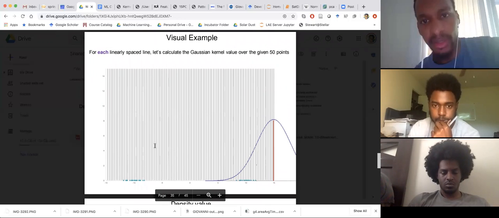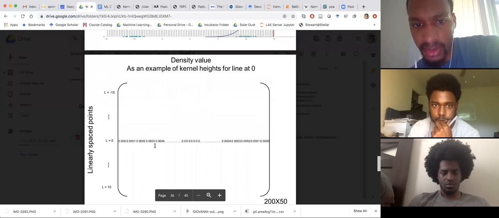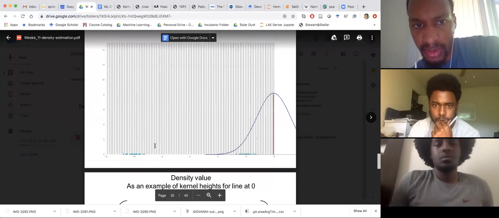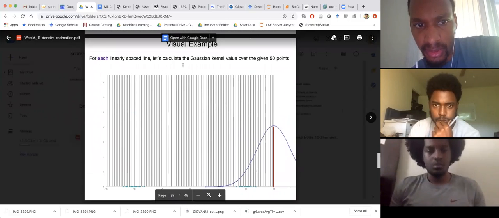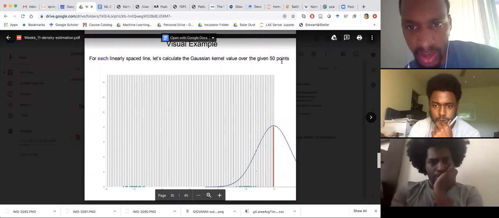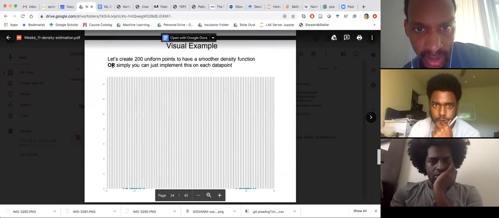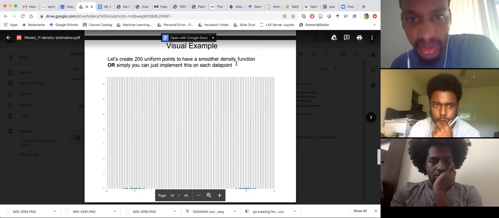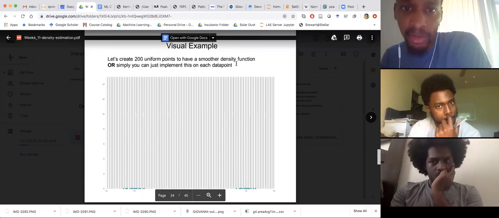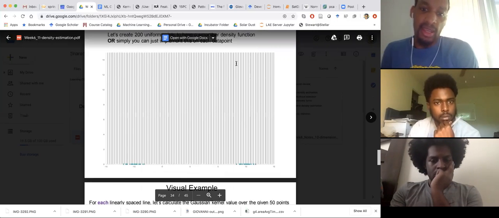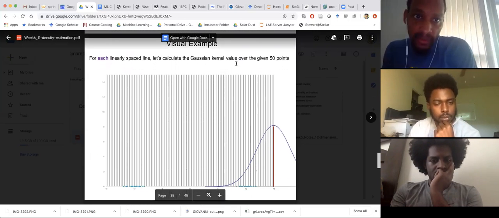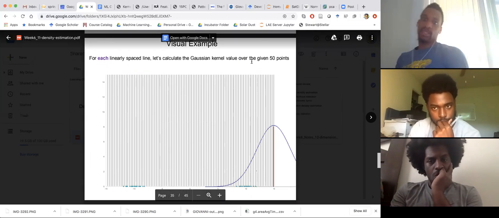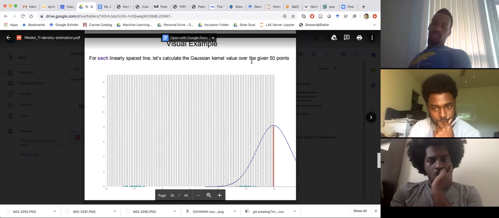I think they're calculating the kernels. Yeah, so go up one. They're trying to calculate the kernels. First they do the 200 uniform points. And then for each linearly spaced line, let's calculate a Gaussian kernel over the given 50 points.